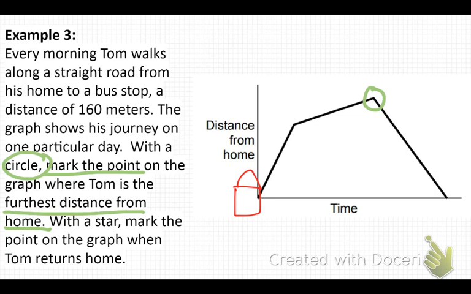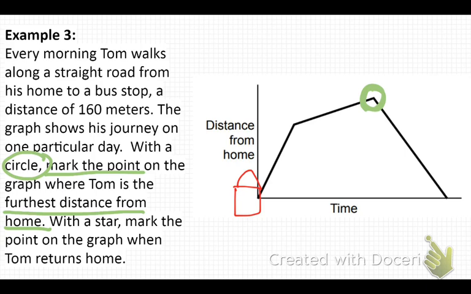So this right here, do we agree? Is that his furthest distance from home? It's not. He does keep going, but this is my time axis. I'm looking at my distance axis. Where is the highest point on the vertical axis? No, right here is right. That is the highest point on that graph.